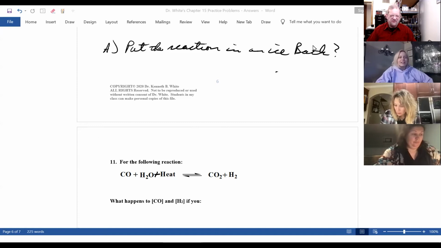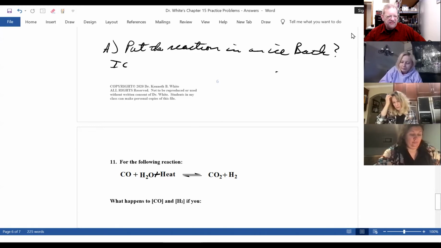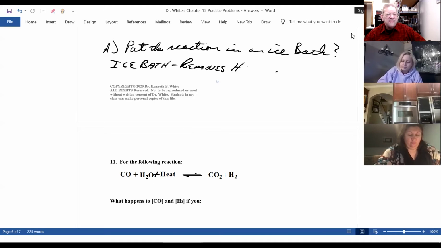All right, let's do this. And the question is, if you put the reaction in an ice bath, what happens? An ice bath removes heat. At equilibrium, there was a certain amount of heat. Now there isn't enough. If you listen hard, it does say that: oh no, I don't have enough heat. I need more heat. How can it make more heat?